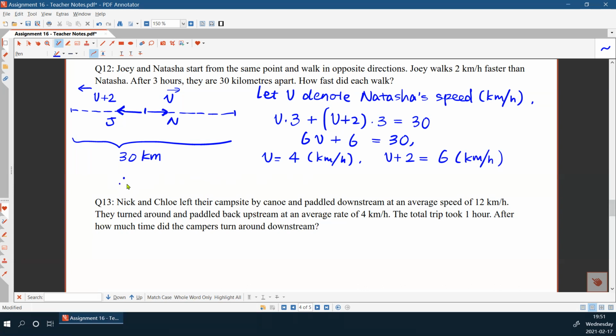So the conclusion is Natasha walks with 4 kilometers per hour, while Joey 6 kilometers per hour, right?